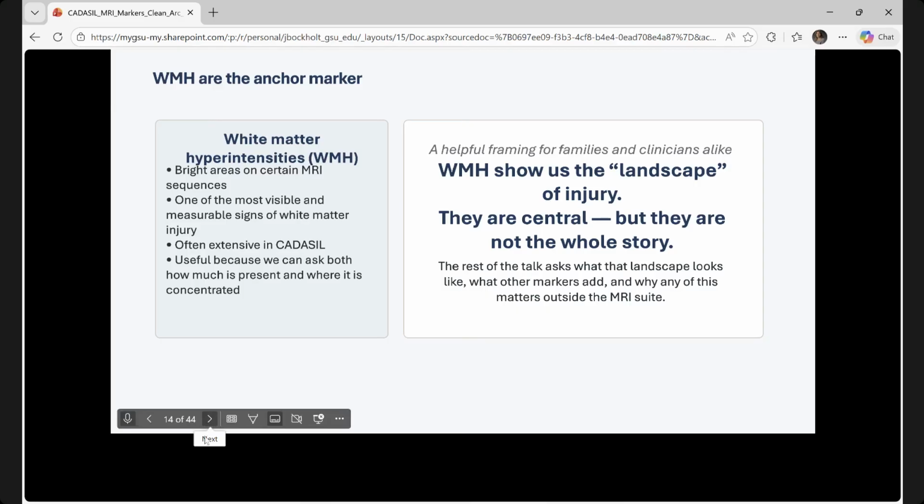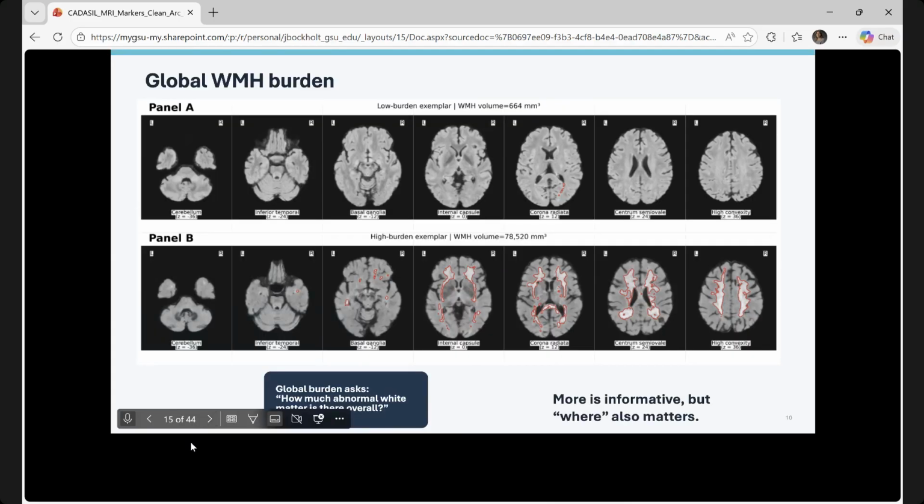As promised, this is an example of actual automated classification of the white matter lesions. On the top row, I'm comparing a participant that has a low amount of white matter lesion or white matter burden with a participant that has a high amount.